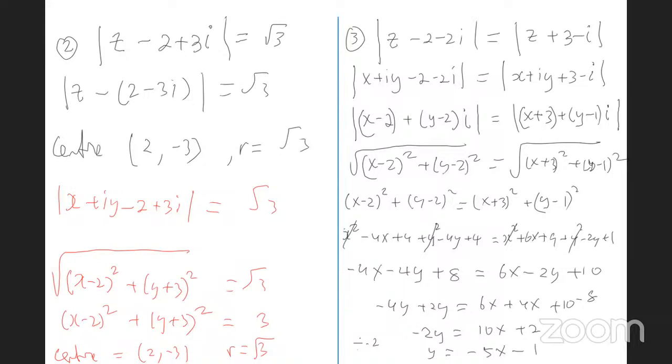Okay, copy this one down, you expand it out. And when you simplify, you end up with a straight line. So you don't have to write it in gradient form, just write the equation of a line. So your locus is the equation of a line: y is minus 5x minus 1.